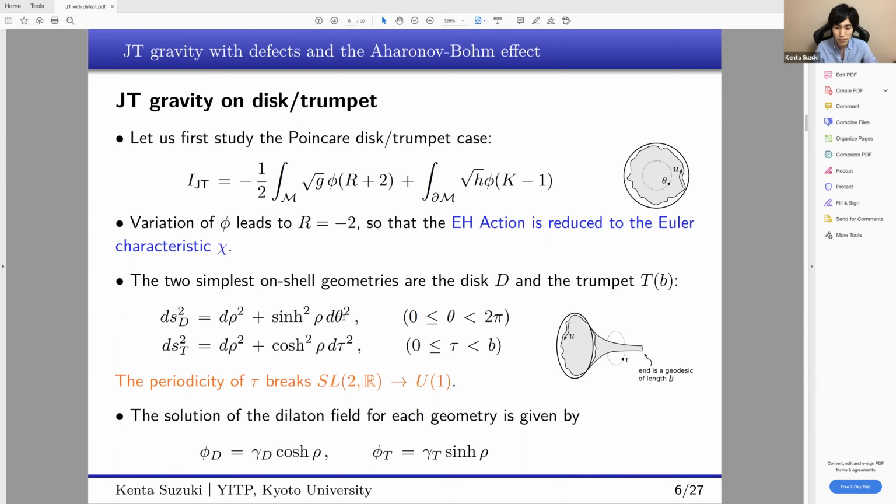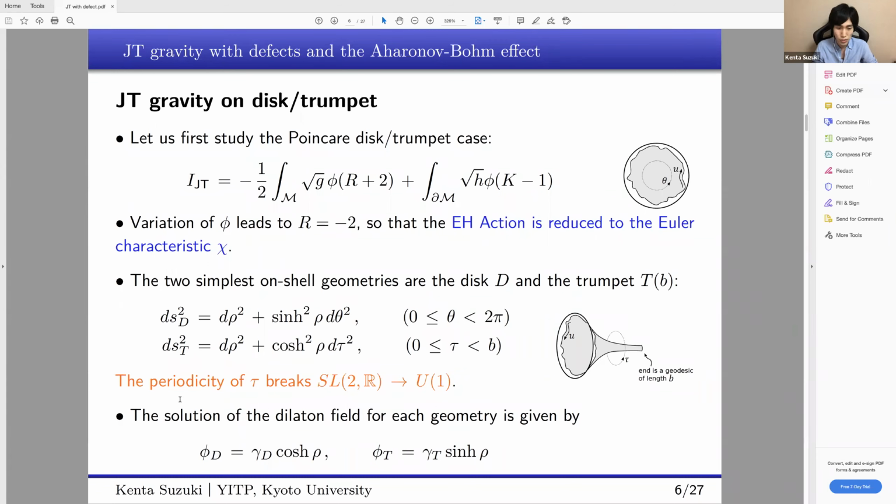So now the periodicity of the angular coordinate for disk geometry, this phi, is 2 pi, as we expected, but this angular variable tau for trumpet geometry has periodicity b, and b is the geodesic length of the artificial cut we made here.